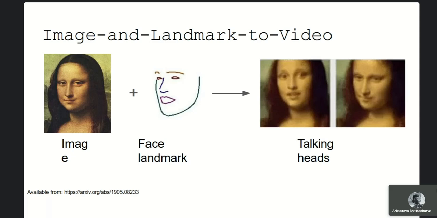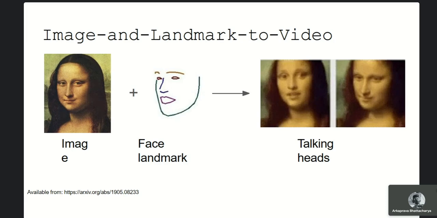So basically, you can also do image to video translation. So as you can see here, you are given an image of Mona Lisa, and you can take a video of someone else talking, and you can extract various face landmarks from their face, where the eyes, eyebrows, nose, mouth are, and then you can input to your model both the image of Mona Lisa and the face landmarks of some other person that you have extracted from some other video, and then you can create talking heads of Mona Lisa.